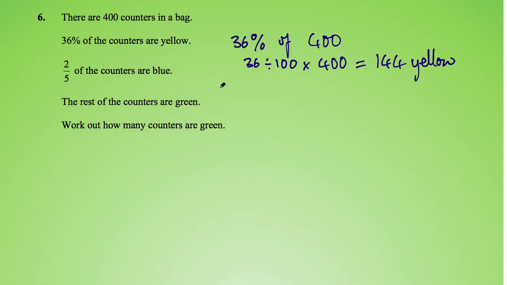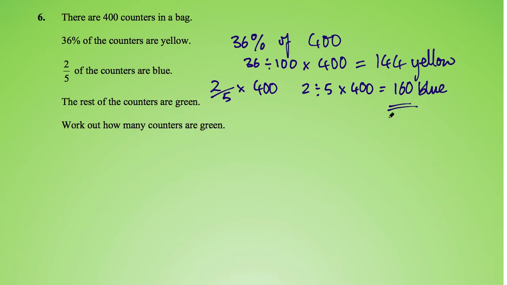2/5 of the counters are blue, so 2/5 of is the same as 2/5 times 400. On a calculator, that is 2 divided by 5 times by 400. Or, other way around, 400 divided by 5 times by 2. Either way, it gives you 160 blue. Add those two numbers together. That gives you 304 that are yellow or blue.